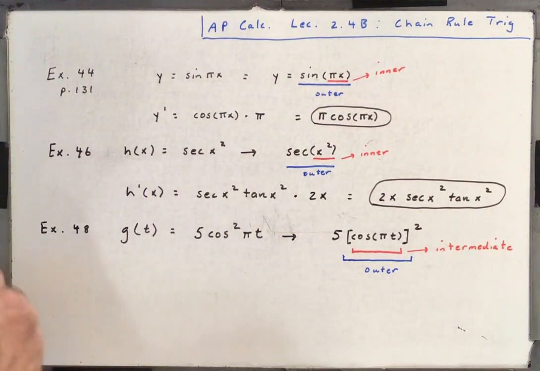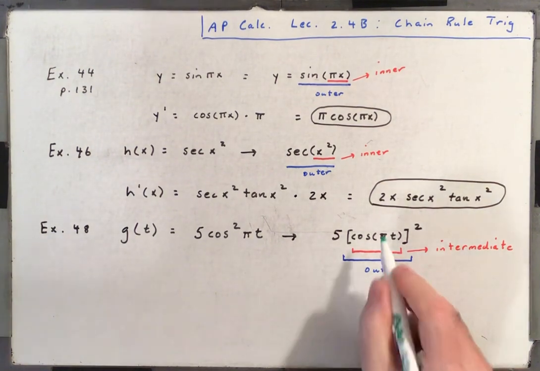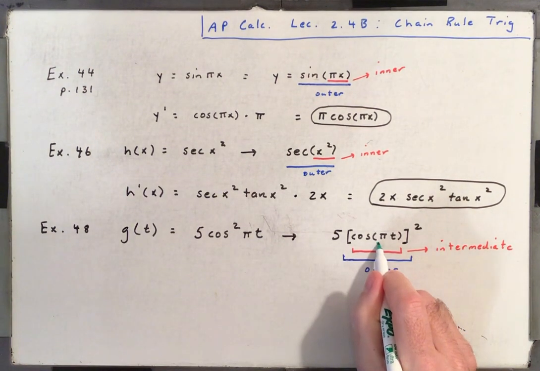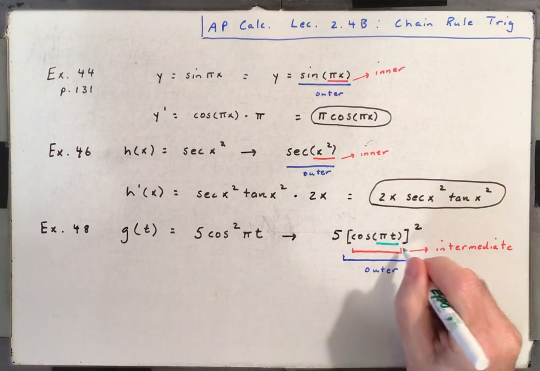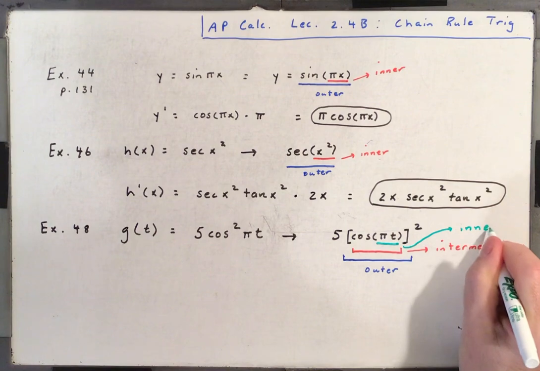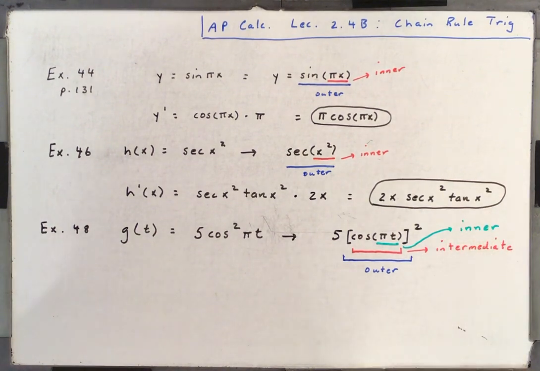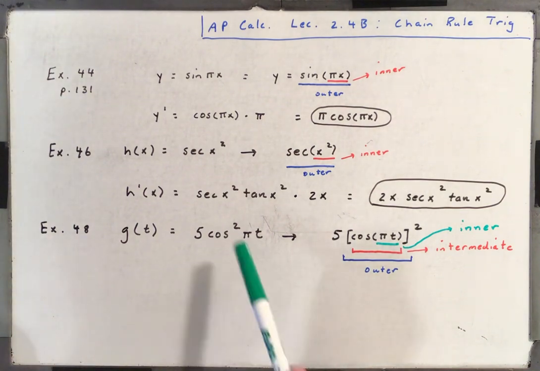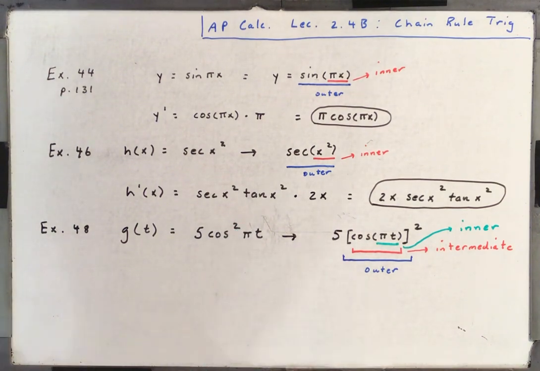And then you have the innermost layer, which I'll show in green, is the angle. Now, what makes this a 3-layer instead of a 2-layer? That 2 right there gives you a 3rd layer to deal with.